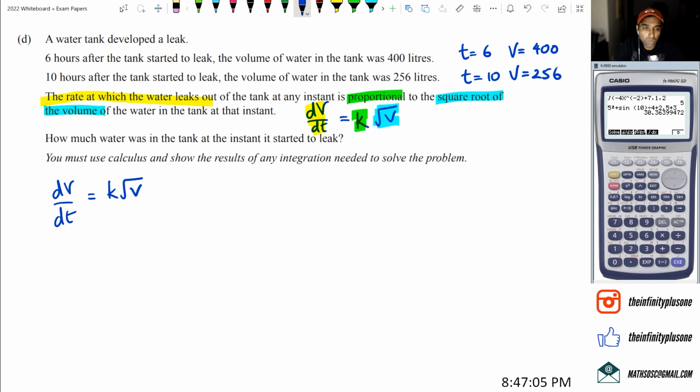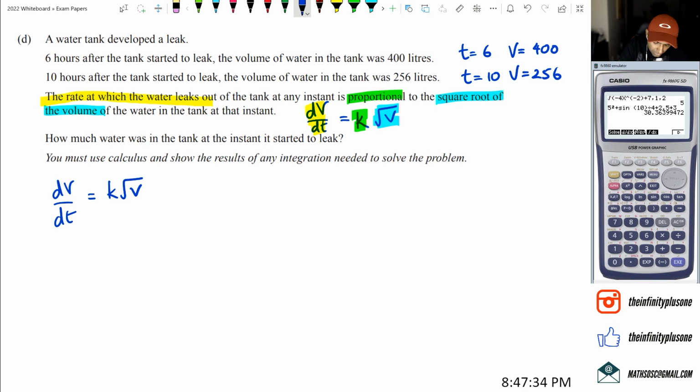Now what we'll need to do is, we can't just go, oh yeah, we're going to integrate V to the power of half. It doesn't work like that, because in the denominator you've actually got t, which means when you integrate this, you're going to get k square root of V times t, which doesn't make sense. So we've got to bring all the elements of V to one side, and dt to the other side.